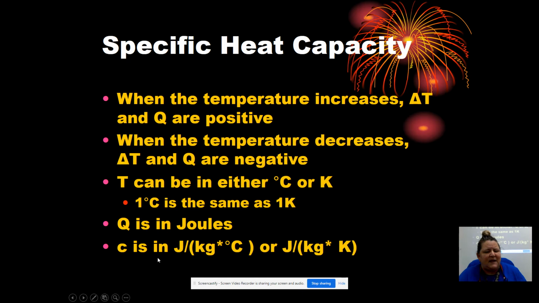So specific heat is going to be in joules per kilogram per degree Celsius or joules per kilogram per Kelvin. Okay. As long as you put the units Kelvin or Celsius and use the corresponding one, you can express it either way.